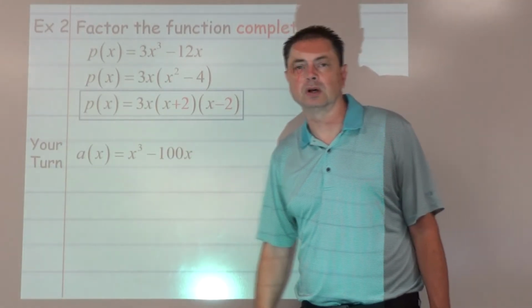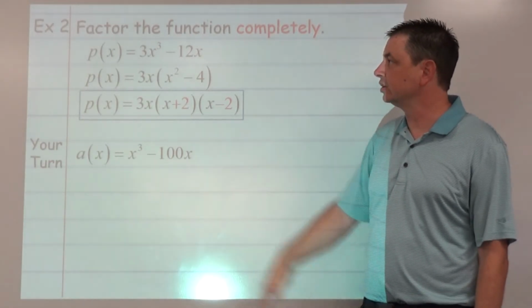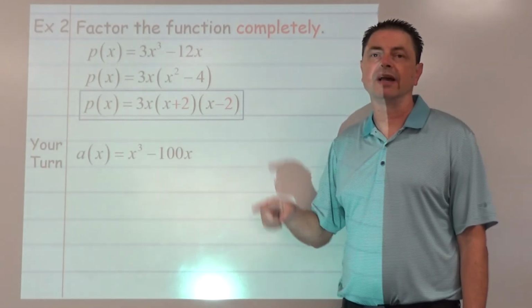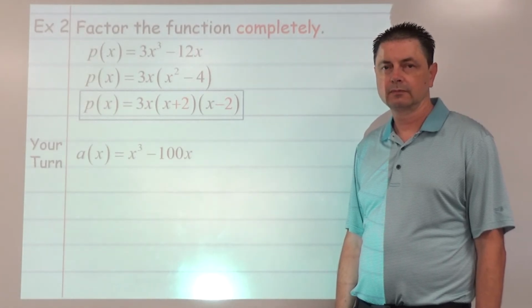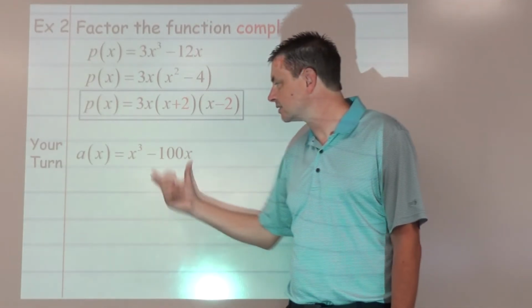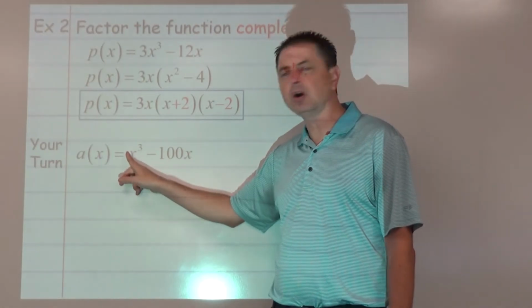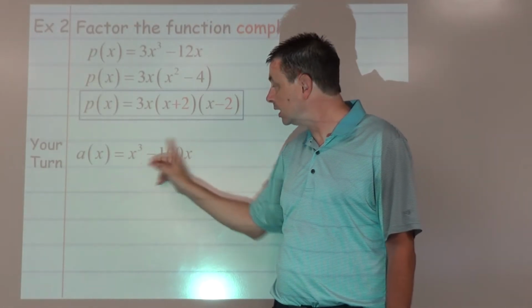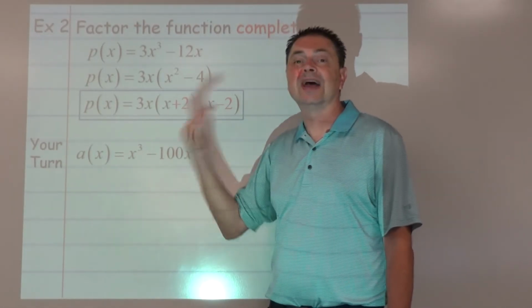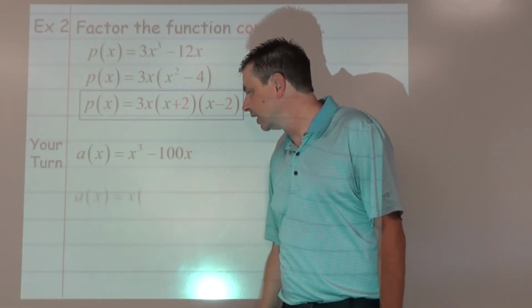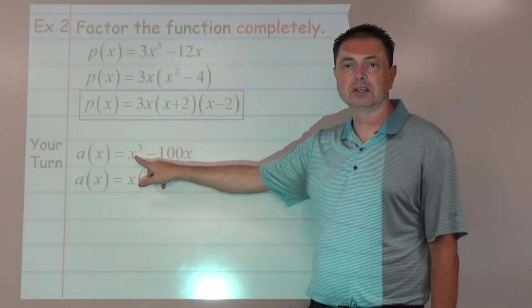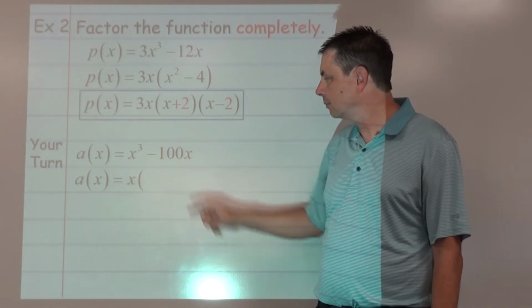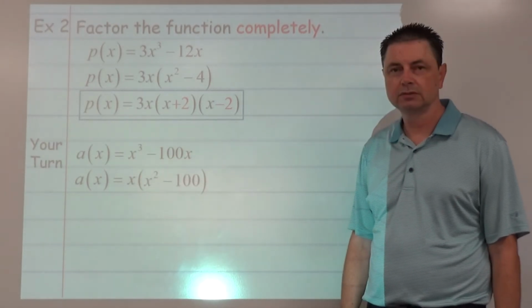Your turn on this one. Pause here until you've got the function factored completely. We're factoring a of x, the GCF. There's no coefficient here, so no number, but x in common. That is our GCF. Factor out an x. x times what makes x cubed? x squared minus 100.